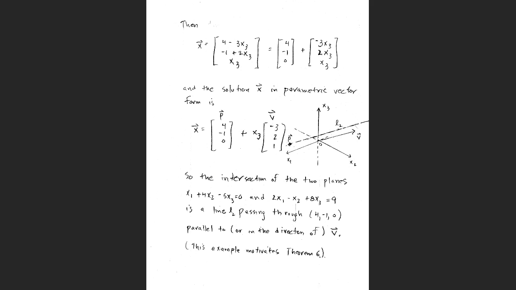So here is our solution vector x. Okay, and x3 is free, so x3 is just x3. x2 is negative 1 plus 2x3, and x1 is 4 minus 3x3.